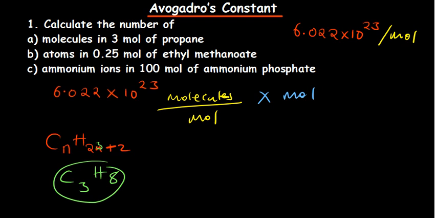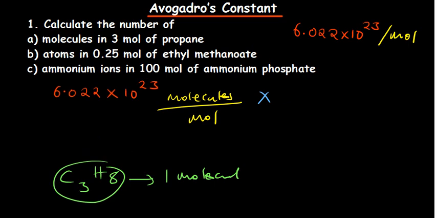So how many molecules of these are we going to have? The way it is existing like this is called a molecule. Therefore we just need to multiply by the number of moles, right? The number of moles we've been given in the question is 3 moles.